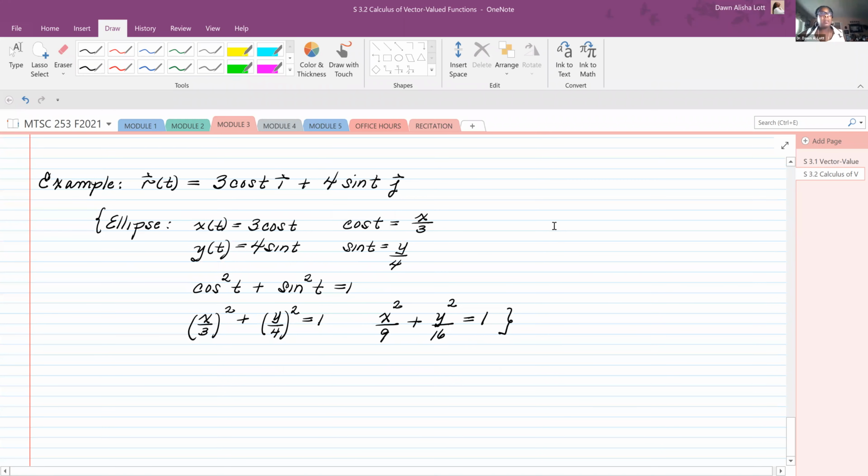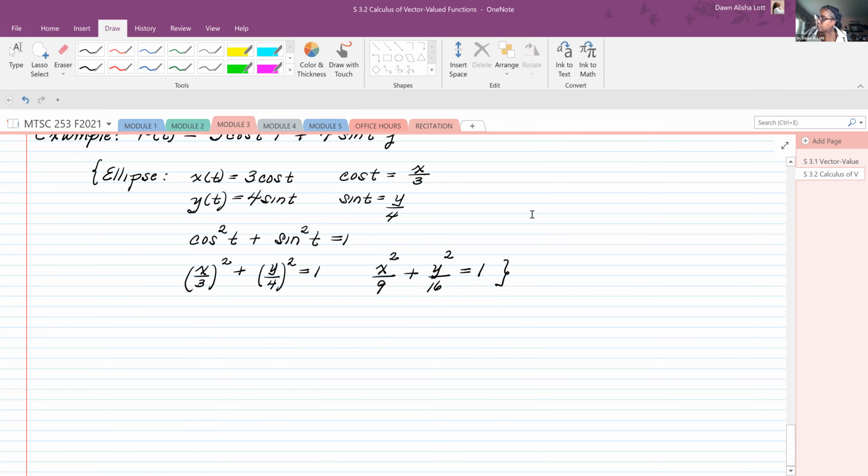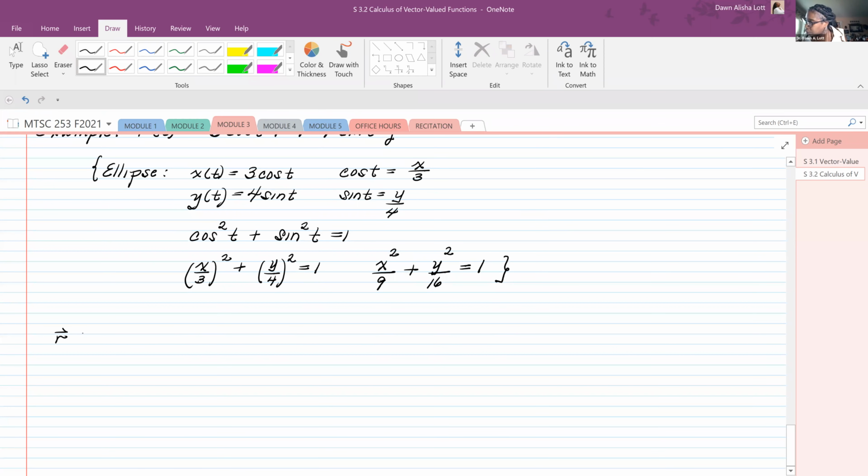Okay. So we know r of t, so let's just write r of t is 3 cosine t i plus 4 sine t j. v of t is negative 3 sine t i plus 4 cosine t j.